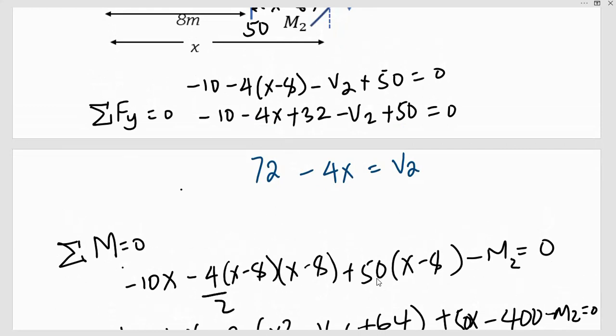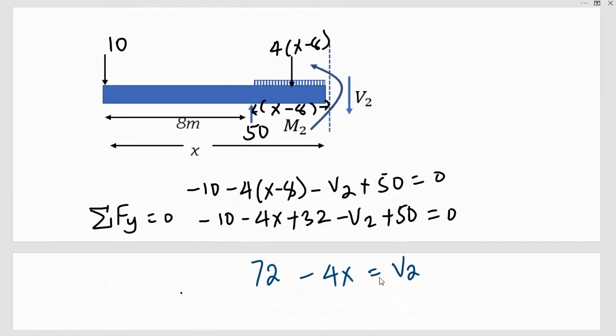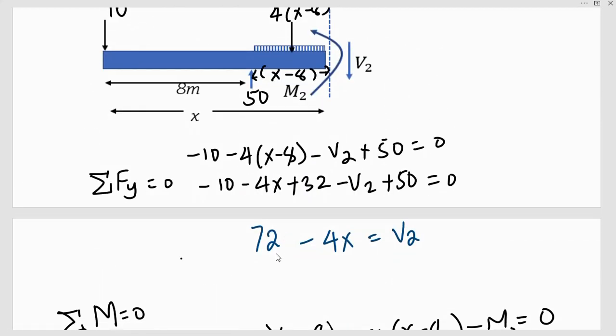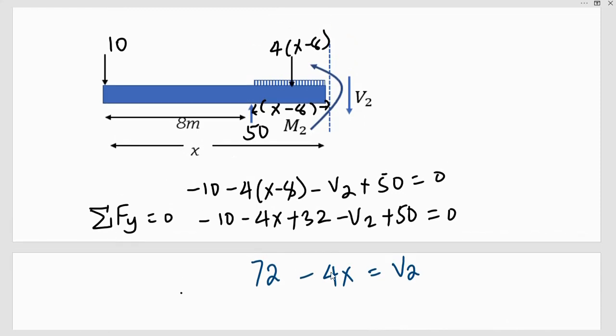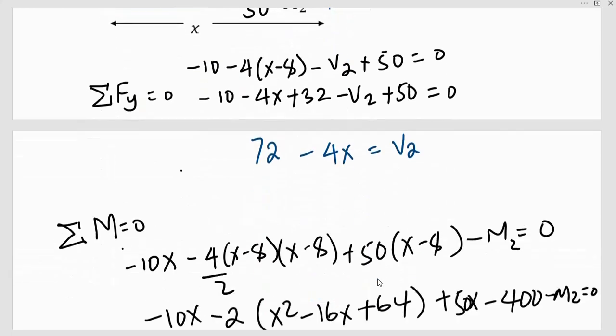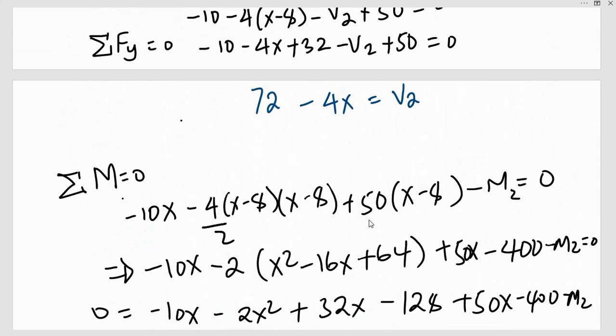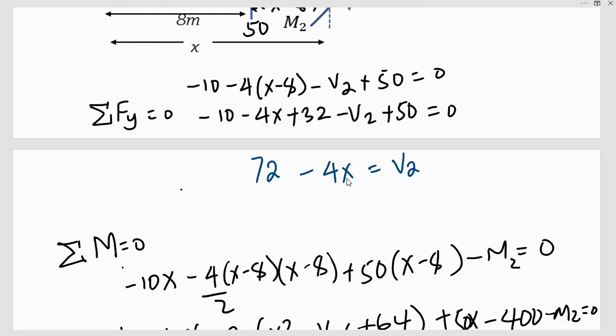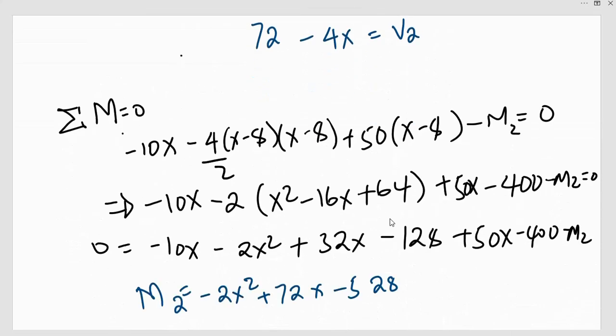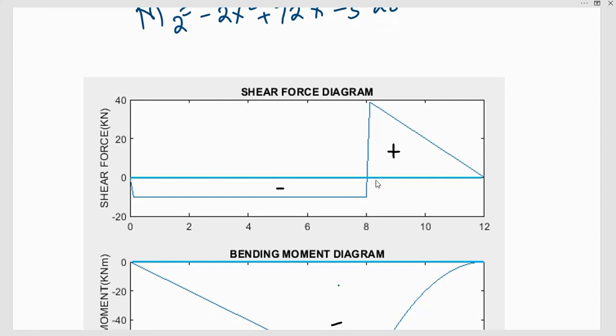That goes to a magnitude of, now I will use this equation. I put in x at 8, x is equal to 8, I will see that it will go to 40. So my equation will go to almost 40, because if I put here 8, this will be 32. I subtract it from 72, that will be 40.